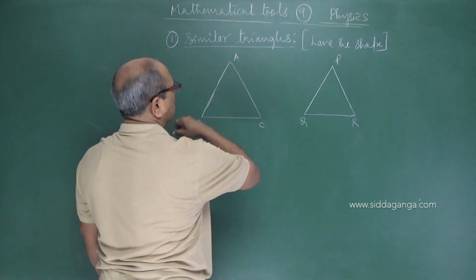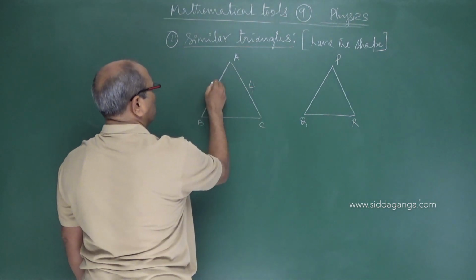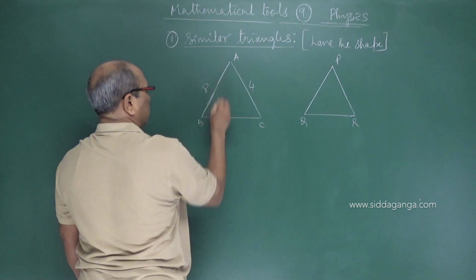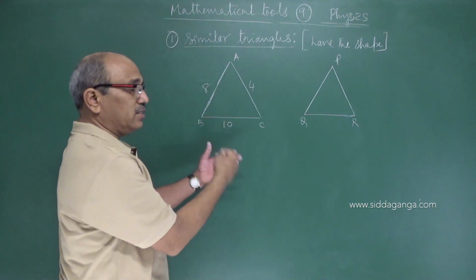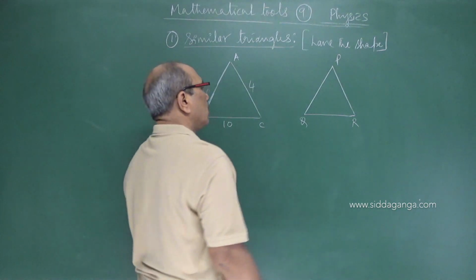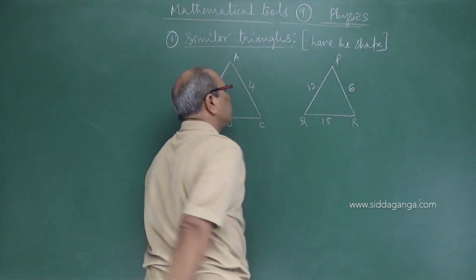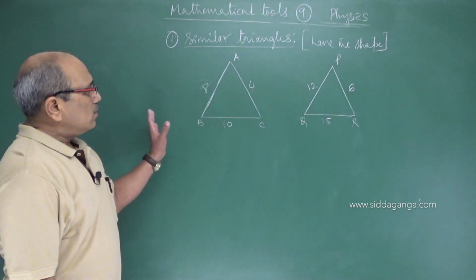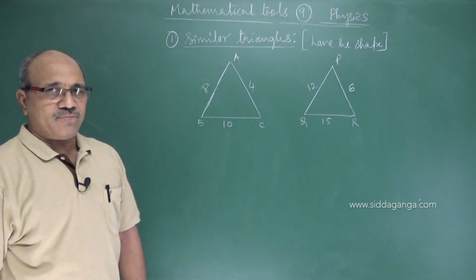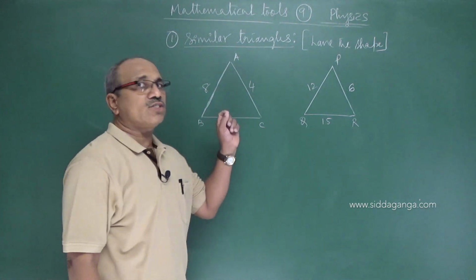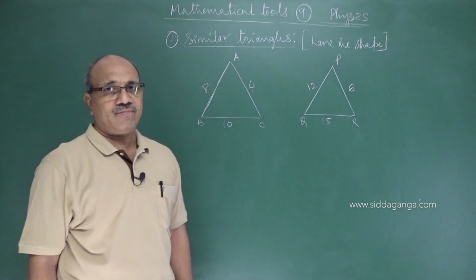I take for this 4 centimeter, it is 8 centimeter, or it may be 10 centimeter for convenience to understand this. And here I take 6, and it may be 12 and 15. Similar triangles are possible. The ratio of corresponding sides should be the same.